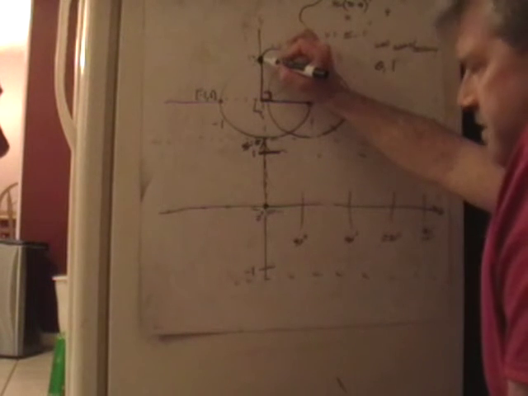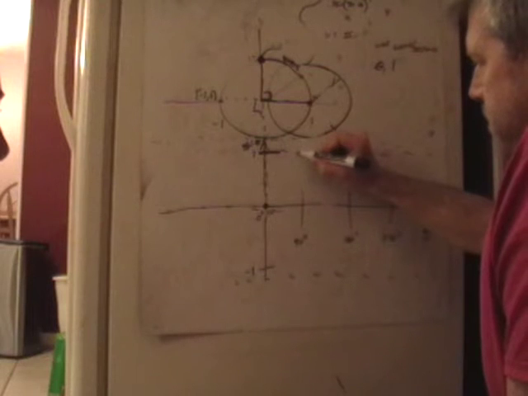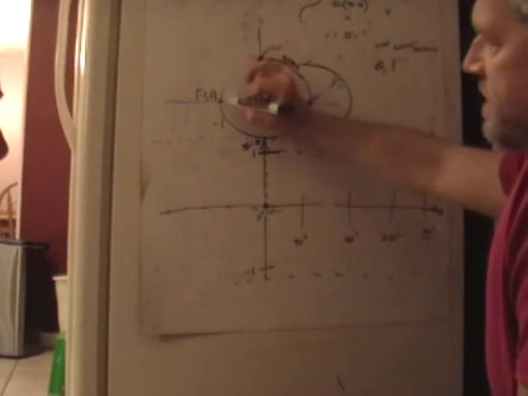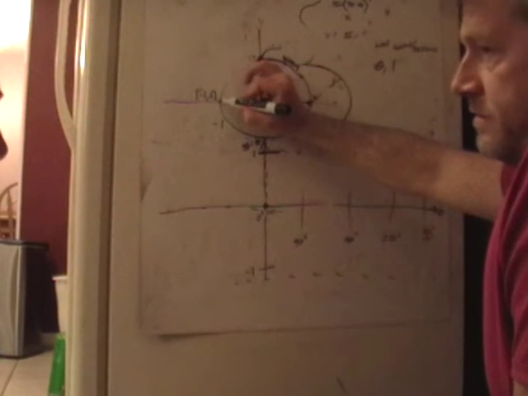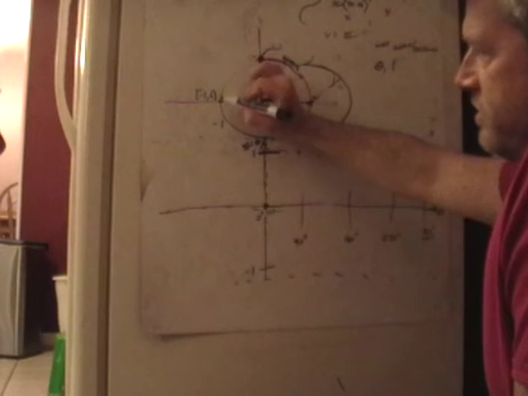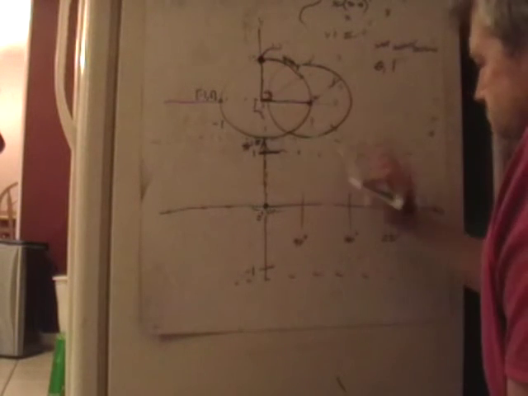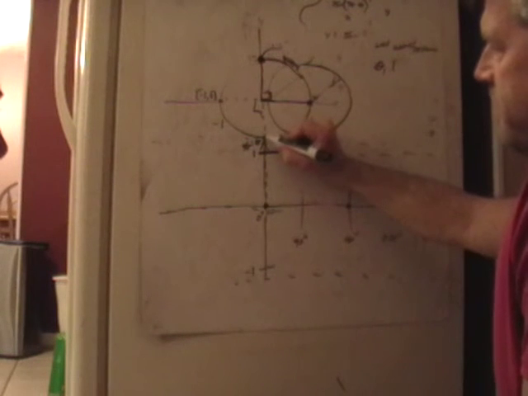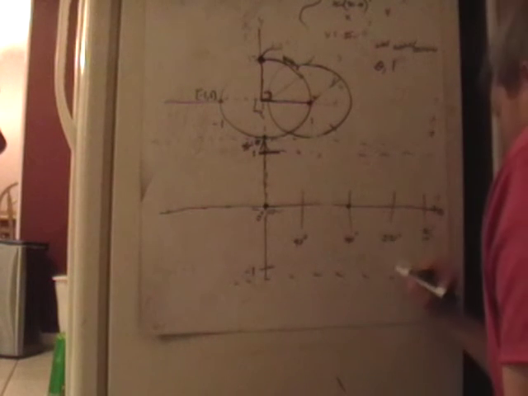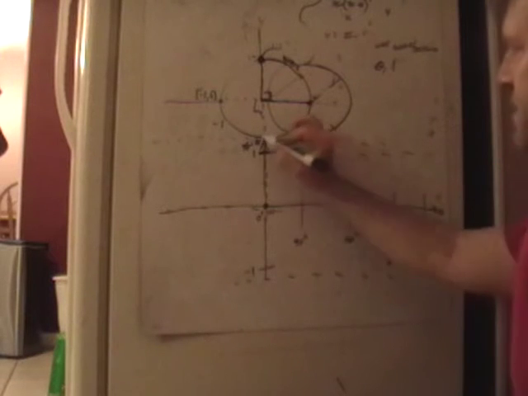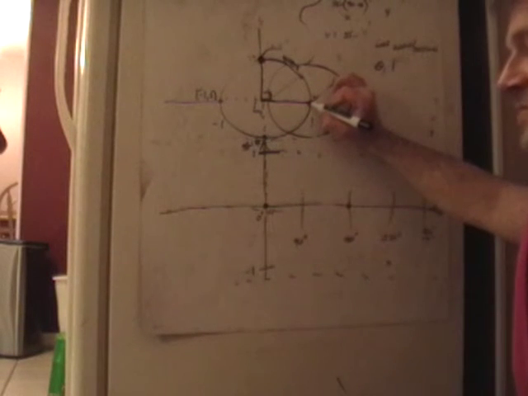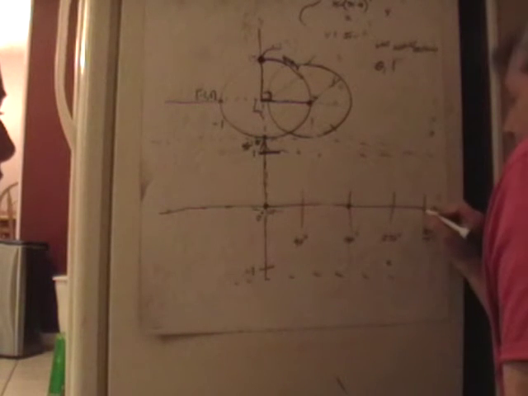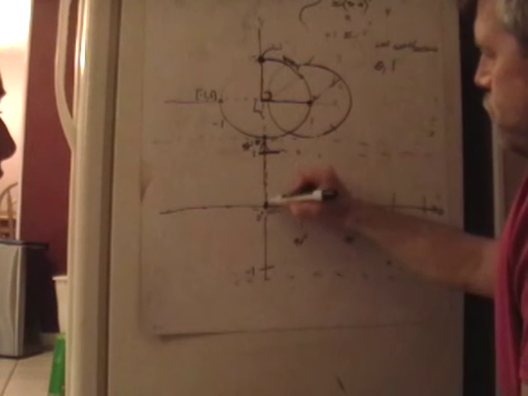Sine of 90 degrees is 1. Sine of 180 degrees is 0. Sine of 270 degrees is -1. Sine of 360 degrees is the same as the sine of 0. So it makes a wave.